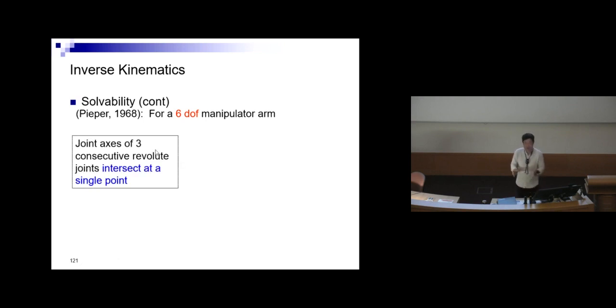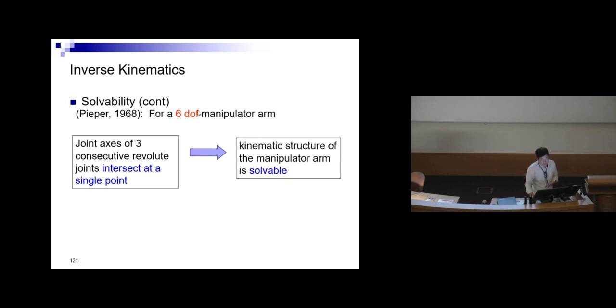We mentioned earlier that a 6 degree of freedom manipulator arm is all that is required. A human arm with 7 degrees of freedom is redundant. For a 6 degree of freedom manipulator arm, if the joint axes of 3 consecutive revolute joints intersect at a single point, then the kinematic structure of the manipulator arm is solvable.